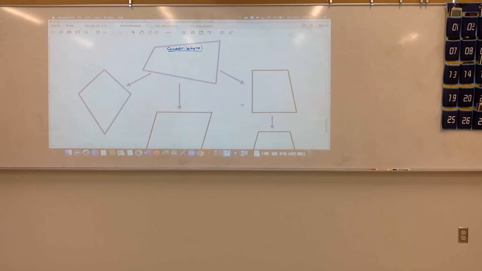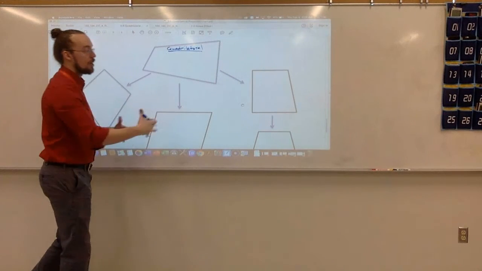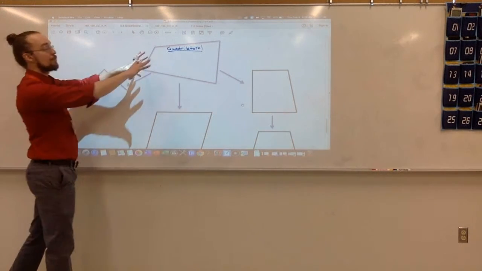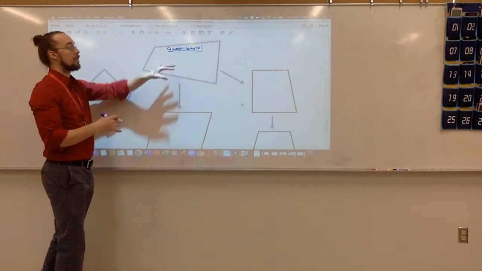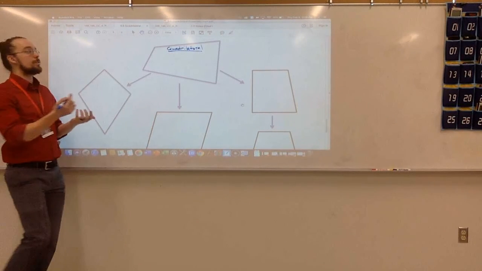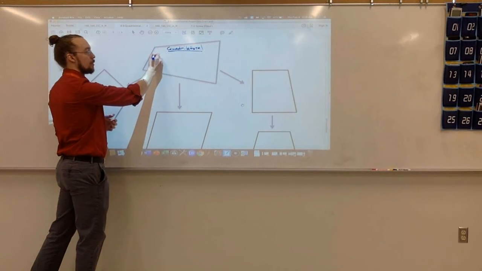The way that this chart works, everything underneath of a certain shape shares the properties above it. So every single one of these shapes on this chart is going to share the properties of a quadrilateral. So what do we know is true about any quadrilateral?